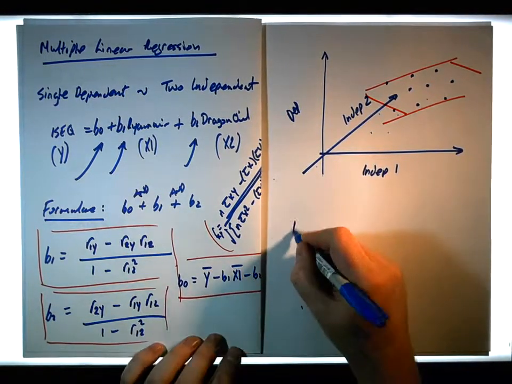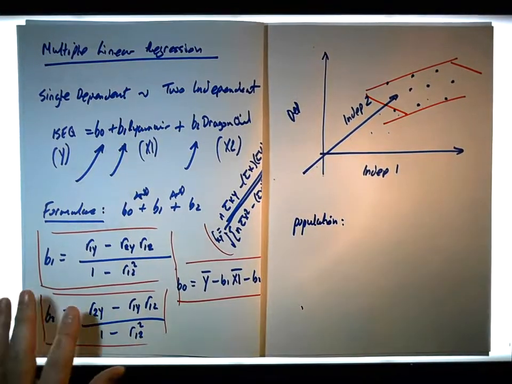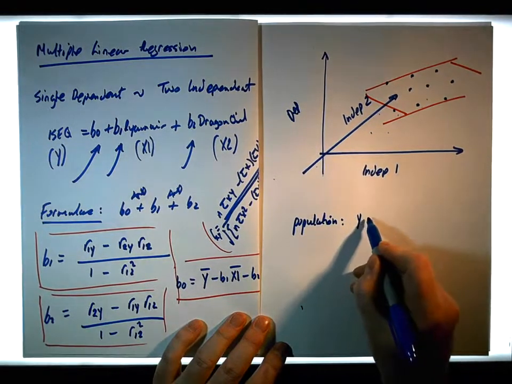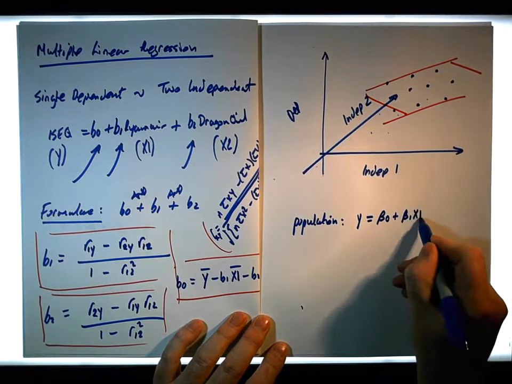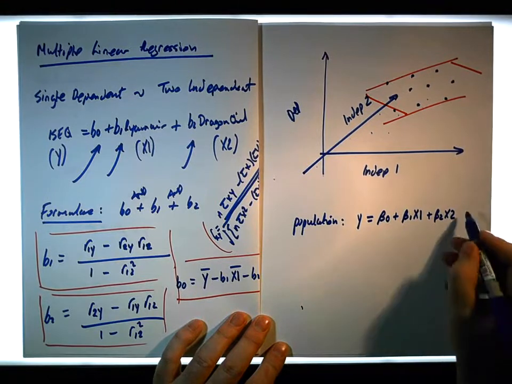From a population perspective, there is a plane of best fit, and the plane looks like y is equal to beta 0 plus beta 1 times the first independent variable plus beta 2 times the second independent variable.